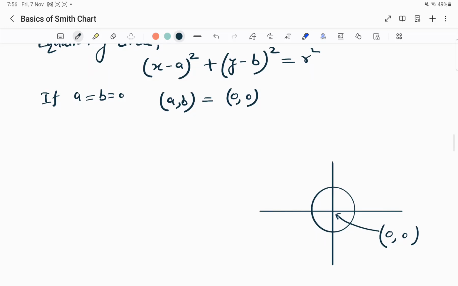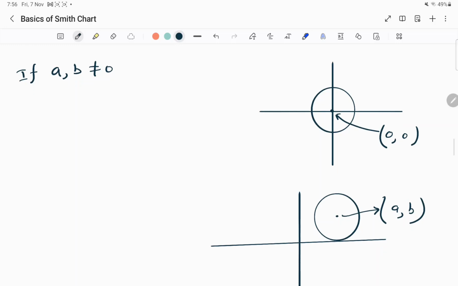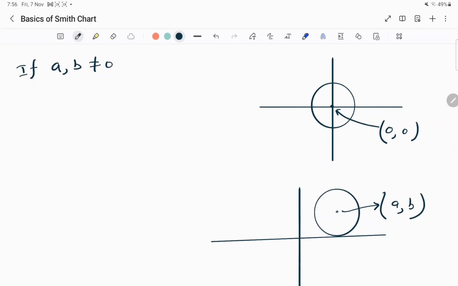So at that time you will get a circle which is centered at the origin of the coordinate system. But if a and b are not equal to 0, then your circle will be somewhere else; if both a and b are positive, then it will be in the first quadrant of your coordinate system. Alright, now since this is very basic, using this we are going to understand how the resistance and reactance circles turn out to become the Smith chart.